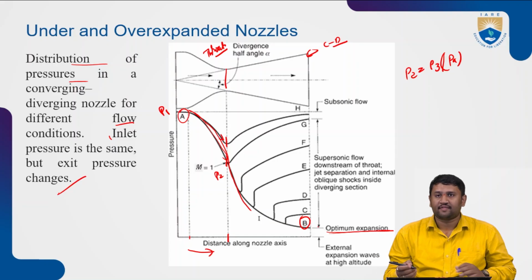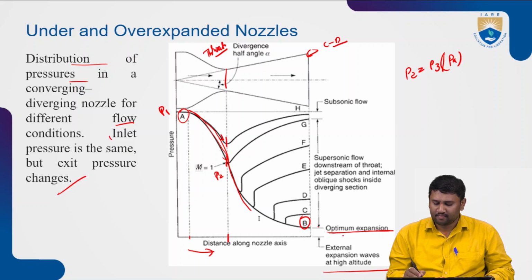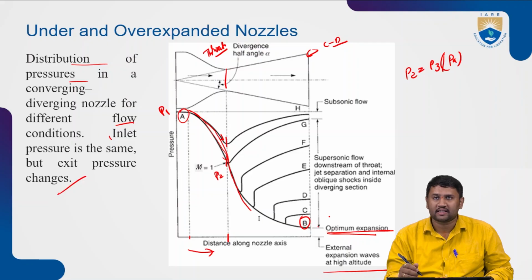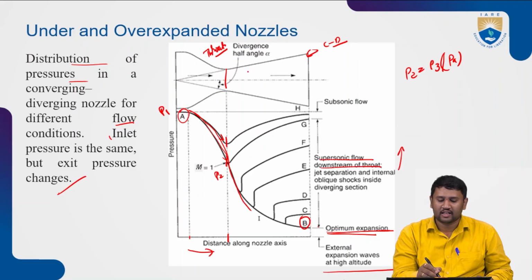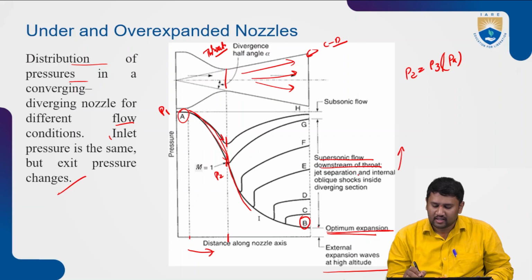Now, if the external expansion waves at a high altitude are formed at optimal expansion, then as the altitude decreases, or as the pressure increases, the supersonic flow at the downstream of my divergent nozzle will see jet separation as well as internal oblique shocks inside the divergent section.